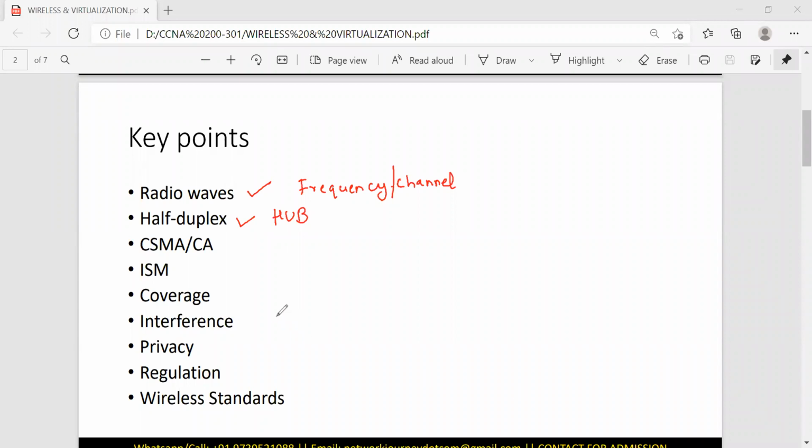I was saying that we have derived the principle of wireless devices or wireless access points from the hub. We know that the hub makes use of half duplex communication, and we also understood that there are a lot of problems related to collision when working with the hub, since it repeats the signal on every port except the one where the frame arrived.